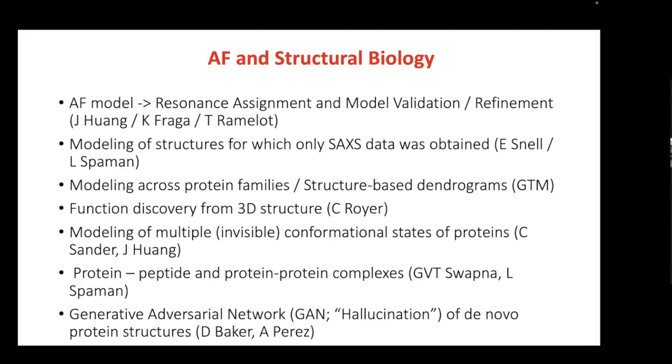And we heard a little bit about modeling protein-protein complexes and protein-peptide complexes. This is actually quite successful. We've had good results. We're taking disordered peptides and modeling the complexes that they form when they bind to proteins. And then a very exciting idea, which was also spoken about earlier, is the idea of generative adversarial networks.